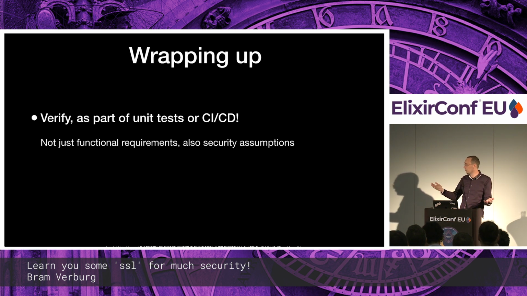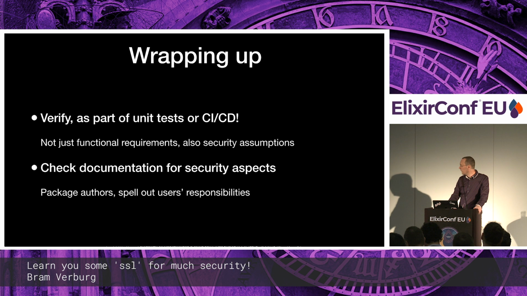So don't just implement the functional requirements that you get from your product owner or whoever, also the security assumptions, because at the end of the day, certificate verification, for example, is all about the negative cases. The positive case, you can make it work with verify none, but really it's all about making sure things fail when they should. And check the documentation of the packages that you're using for security aspects.